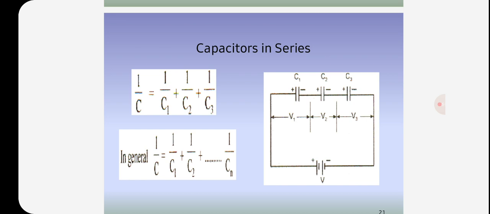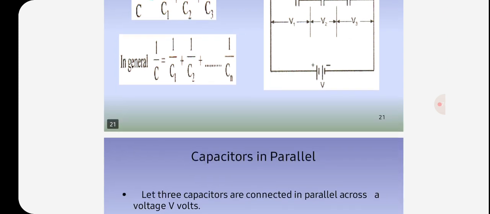So finally, C equivalent is equal to C1 C2 C3 by C1 C2 plus C2 C3 plus C3 C1. This formula can be directly used hereafter to calculate the equivalent capacitance when three capacitors are connected in series.